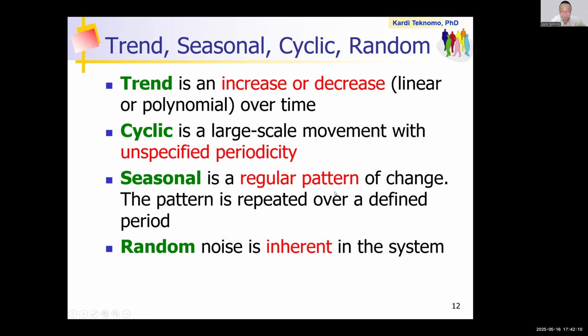Every December in the Philippines, probably there's a large trend where people buy certain things. The pattern repeats over a certain regular interval. And then of course there is some random noise inherent in the system.